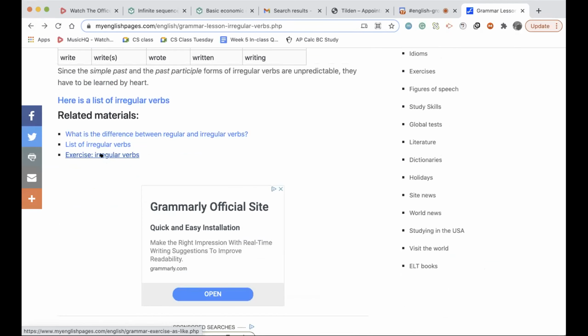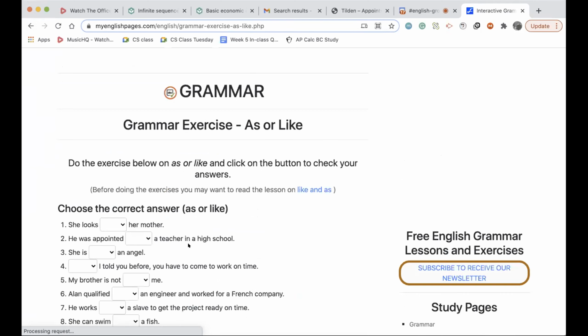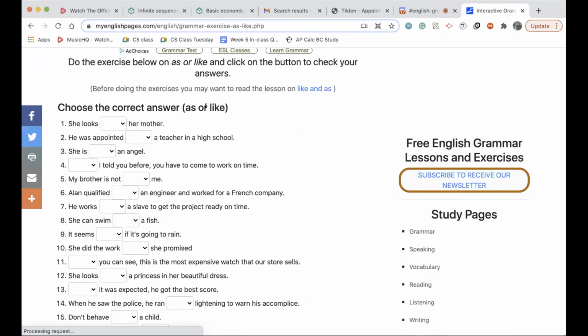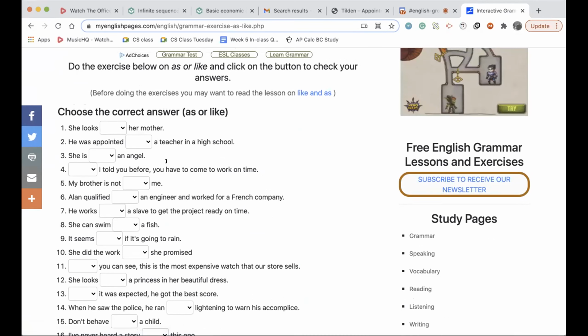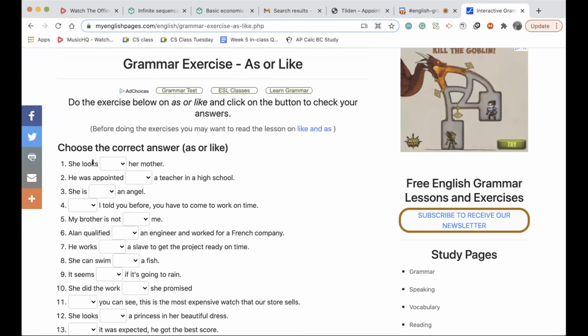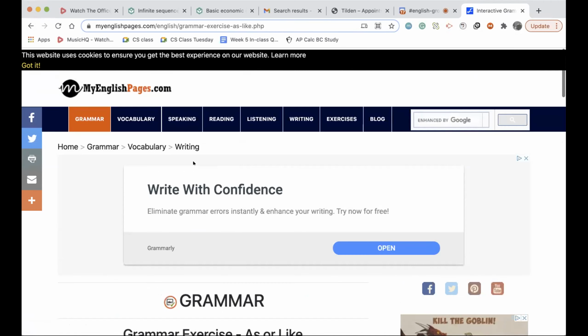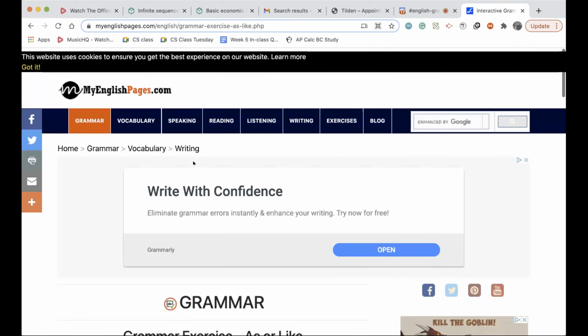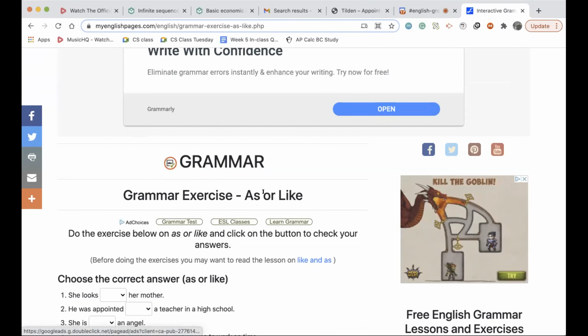Let's do an exercise. Choose the correct answer, as or like. So I think this is different. Basically, as or like are kind of comparing words, I guess.